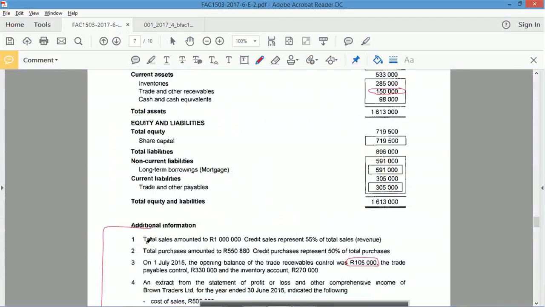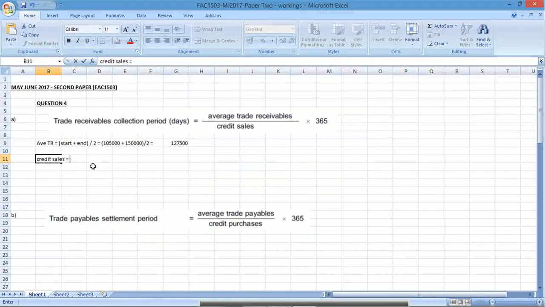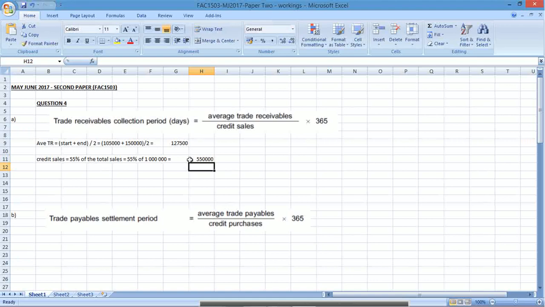Total sales amount to 1 million, and credit sales represent 55% of the total sales. 55% of 1 million equals 550,000.